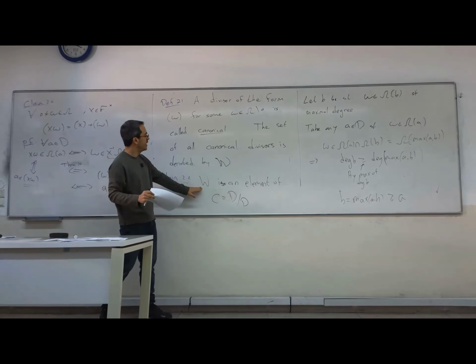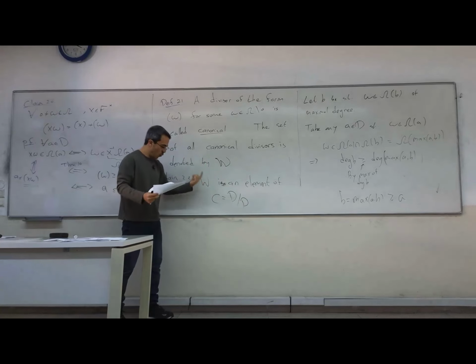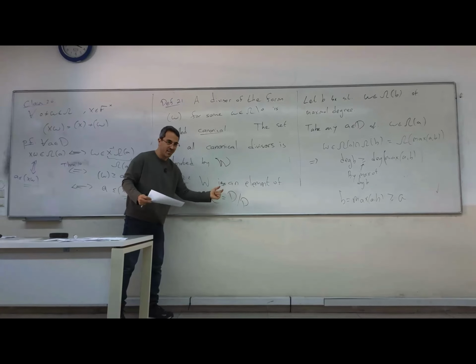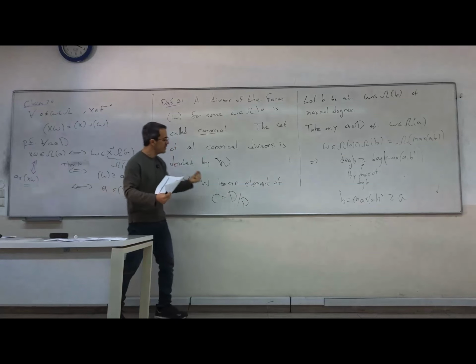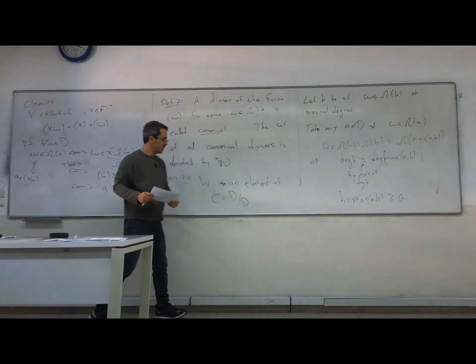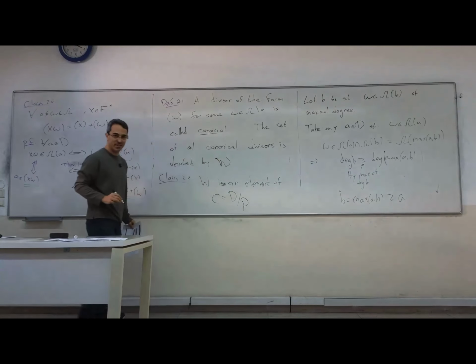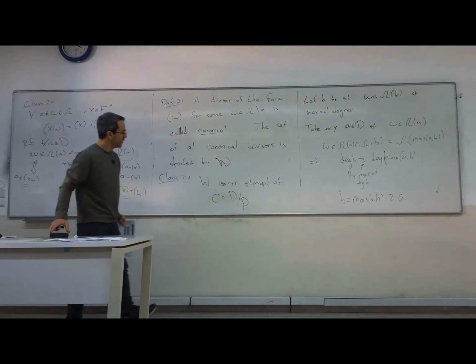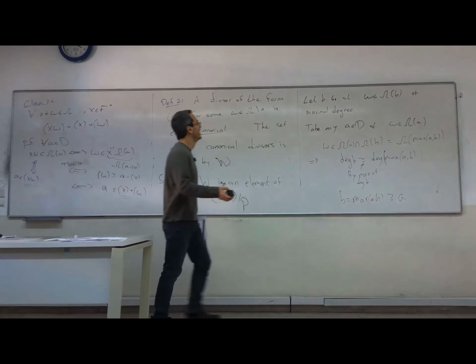All divisors that come from differentials, all canonical divisors, form one class in this quotient. Namely, for every two of them, the difference is a principal divisor. These are all divisors, these are the principal.